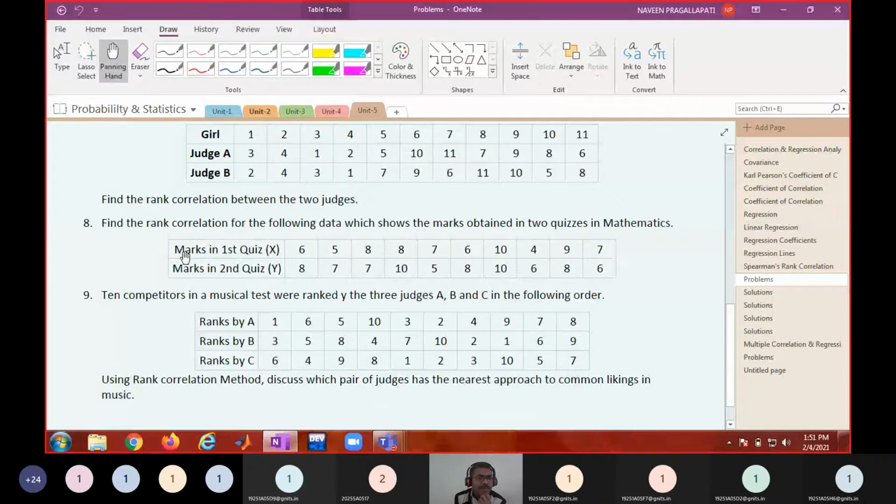Find the rank correlation for the following data which shows the marks obtained in 2 quizzes in mathematics. Note down this data.